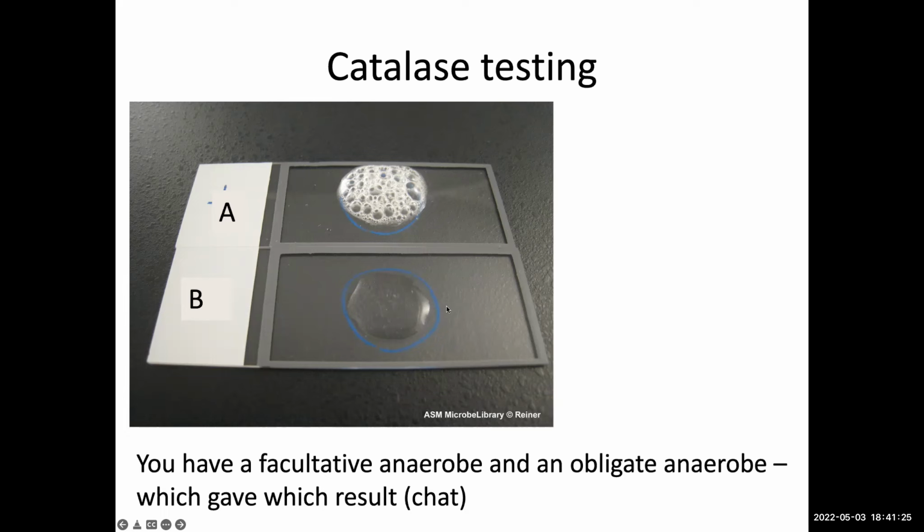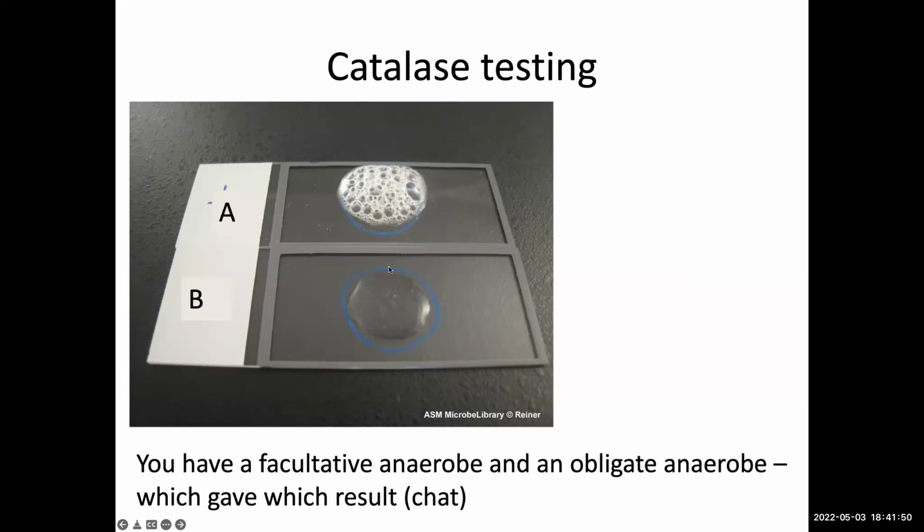The catalase test was performed on both of them. You'll get a chance to do this in class tomorrow in the lab, but what's been done is the cells of organism A and the cells of organism B have been applied to the glass as a dry smear, and then the hydrogen peroxide was added on top. Catalase test tests for the presence of the catalase enzyme in these cells.